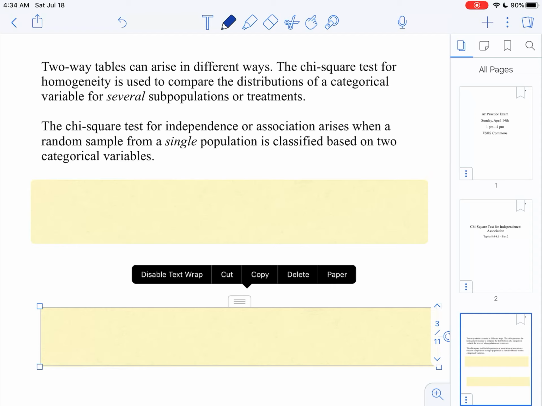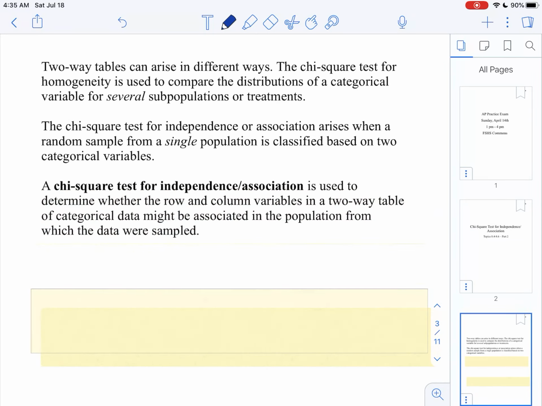When we are talking about the chi-square test for independence or association, this is when a random sample from a single population is classified based on two categorical variables. So instead of looking at different subgroups of a population versus one categorical variable or different treatments, we take one single sample instead of a stratified random sample from a population, and then we classify based on two different variables and make it into a table.